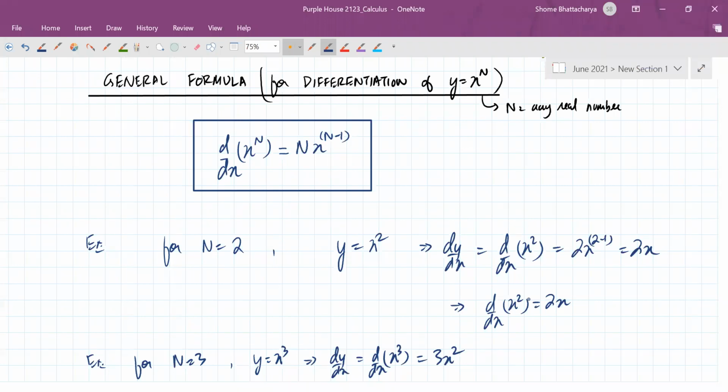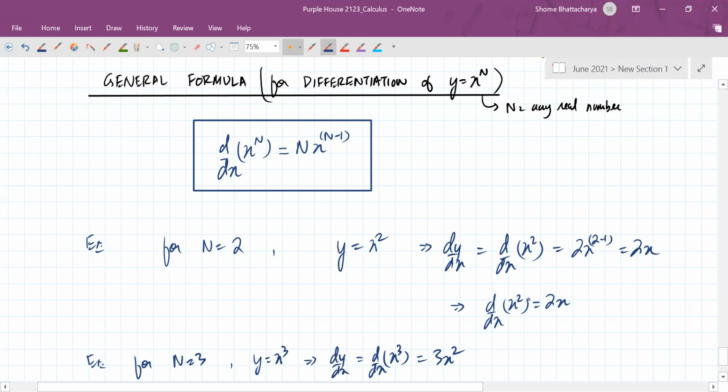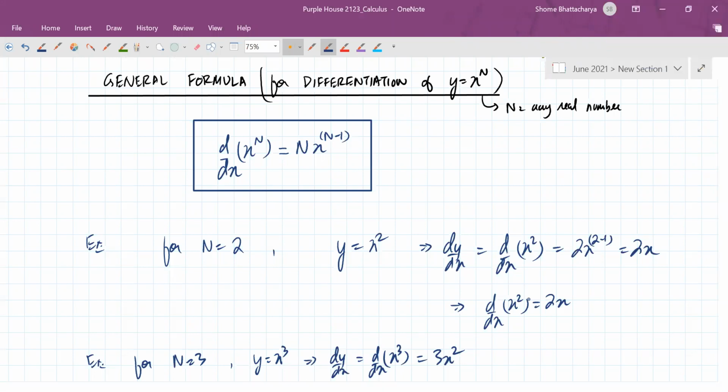Sir, this y is equal to x square, where you have substituted this value?